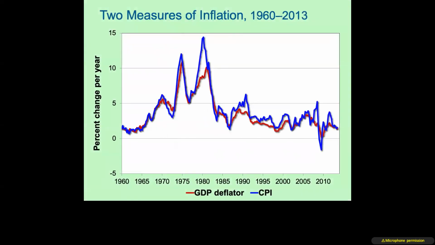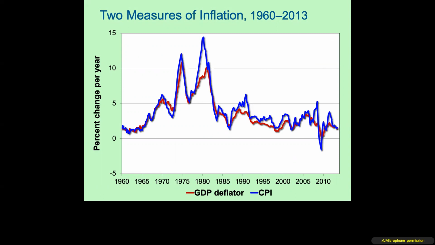So if you look at the two different measures that we've been examining of inflation, the GDP deflator, which we did previous chapter, and the CPI, which we did this chapter, and you look at how they trend, you start to see that they pretty much follow each other.